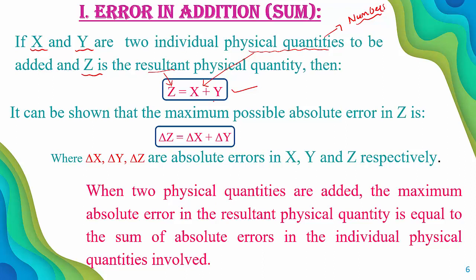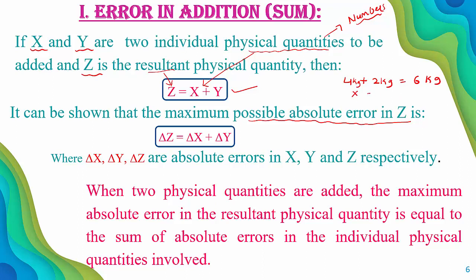Now it can be shown that the maximum possible absolute error in z is as follows. Suppose I am going to add two quantities, for example 4 and 2. These two are physical quantities. Let us take it as 4 kg and 2 kg. When we add these two numerical values, the final answer is how much? 4 plus 2 is 6 kg.